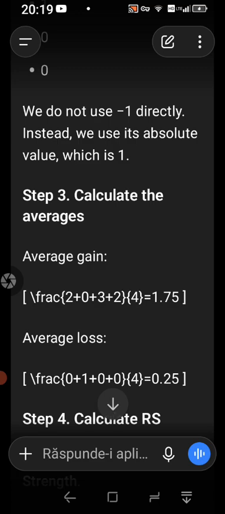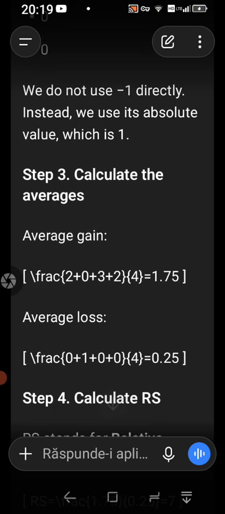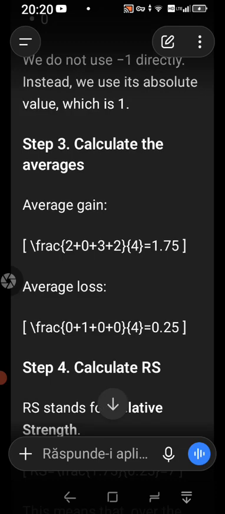Step 3. Calculate the average gain. 2 plus 0 plus 3 plus 2, that is 7, divided by 4, which is 1.75.